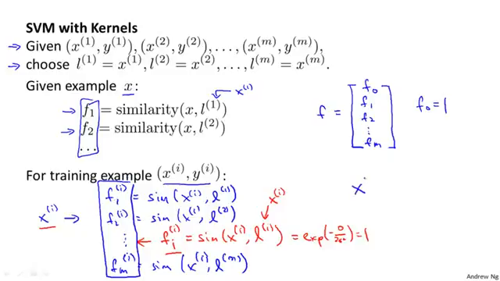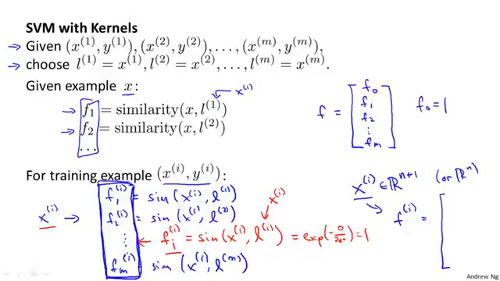So instead of representing my example using xi, which is an Rn or Rn plus 1 dimensional vector, depending on whether you count the intercept term, we can now instead represent my training example using this feature vector, which I'm going to write as f superscript i, taking all of these things and stacking them into a vector: f1 superscript i down to fm superscript i.